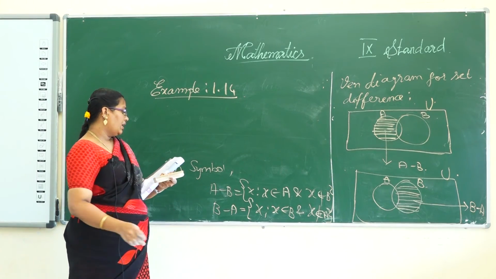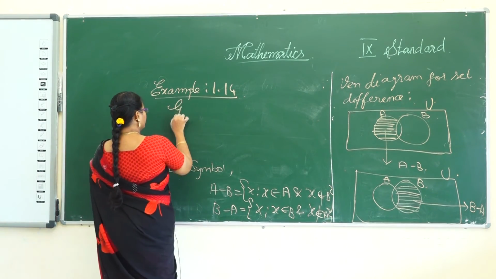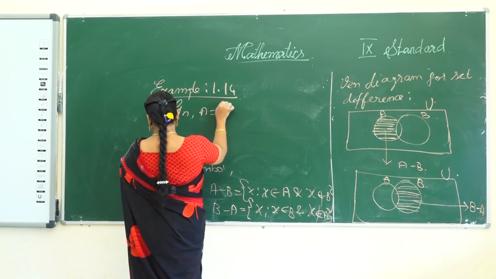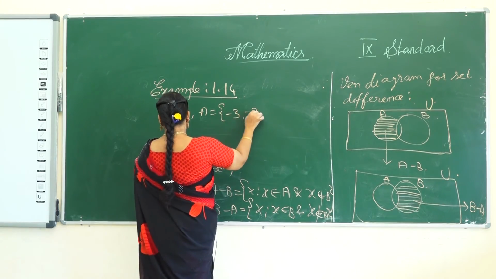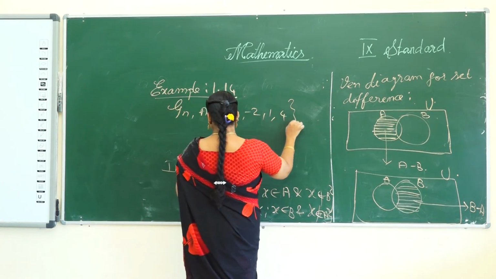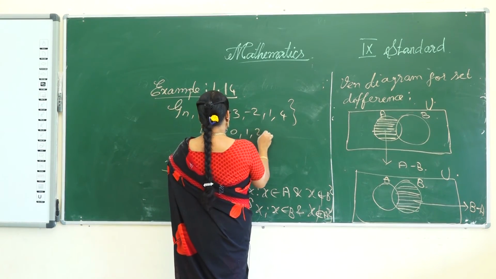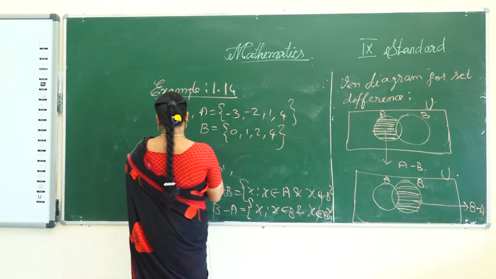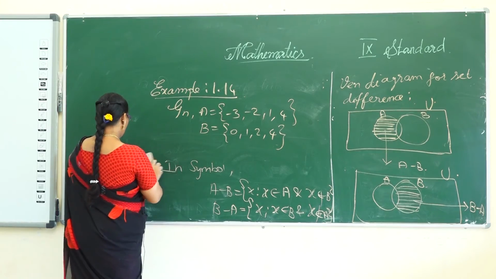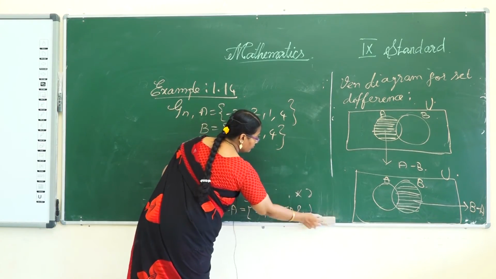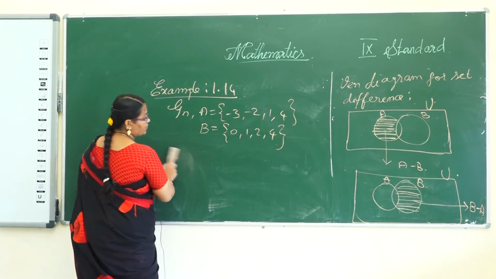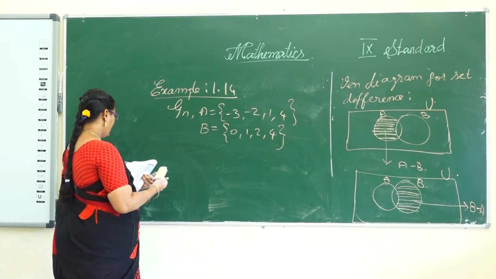Given A is equal to minus 3, minus 2, 1, 4 and B is equal to 0, 1, 2, 4. Find A minus B and B minus A. Okay.